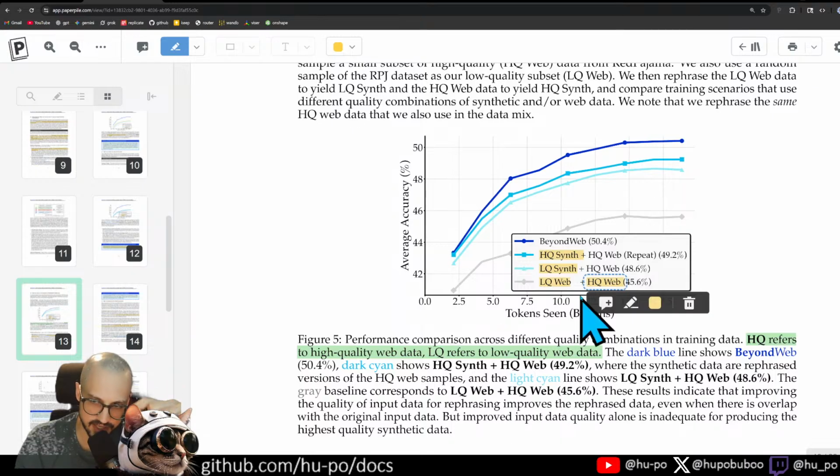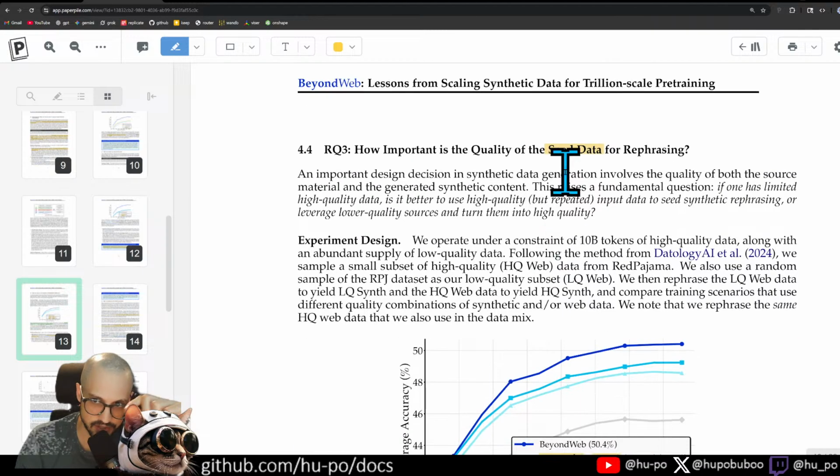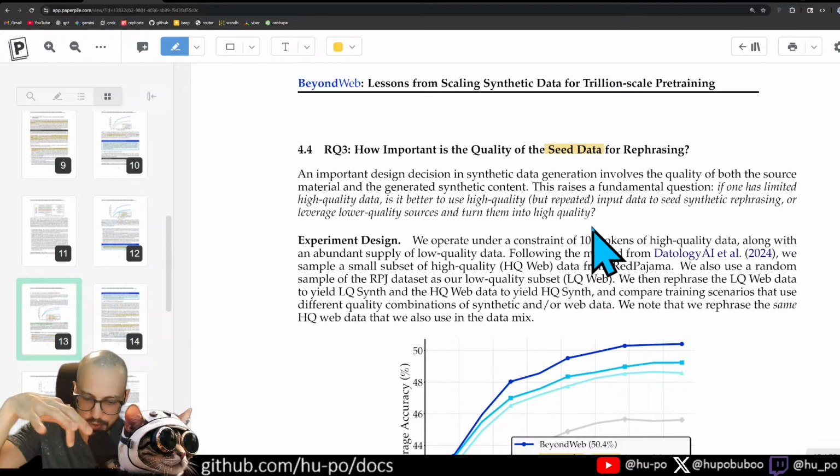Okay. So basically, if you have HQ web, right, even if you rephrase that in a low-quality way versus a high-quality way, the quality of the seed matters, right? Because you're depending on your seed data for ultimately the diversity, which is one of the most important parts of the quality, right? The quality can be like, is there trash in there? But it can also mean how evenly does your data set sample the true data set distribution, right?